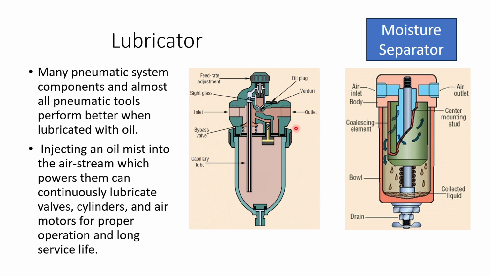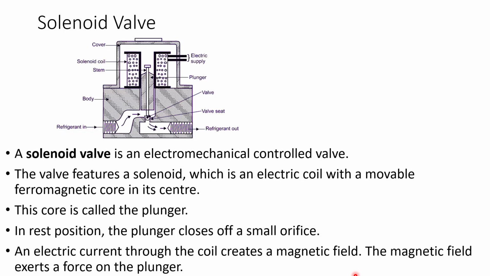There is a venturi for drawing the air. On the right hand side, we are able to see a moisture separator which was already explained in the previous video. So air is coming from here, it is moving like this, going down, again it is going up, and moisture gets separated here due to the change in the direction, and then the air goes out.